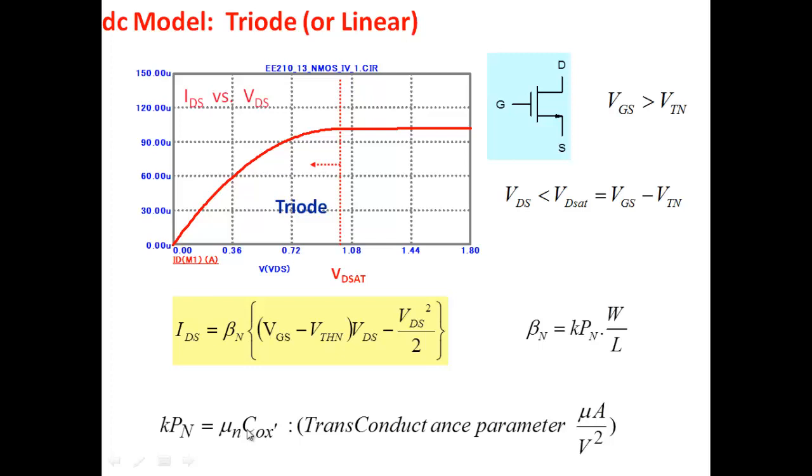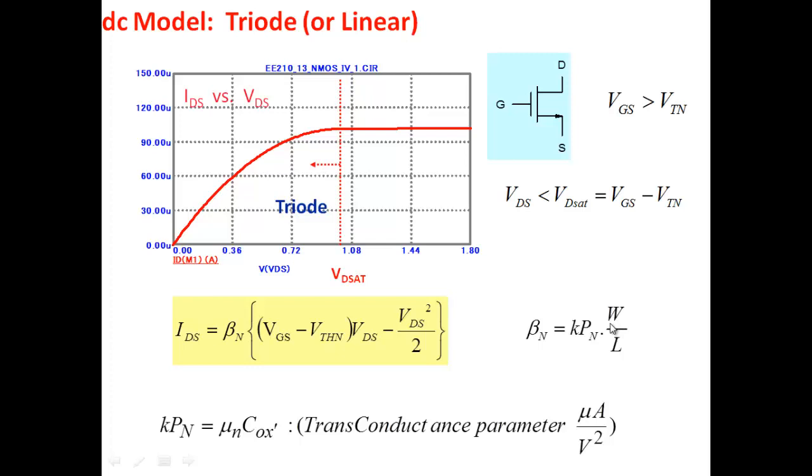But from a circuit's point of view, it's not really important, to first order, what it is made up of. The thing is that this value is given to you. Once you choose a technology, KPN is fixed for you, and VTHN is fixed for you. W by L is something that we vary. That's under the designer's control: changing the width and the length of the MOSFET.